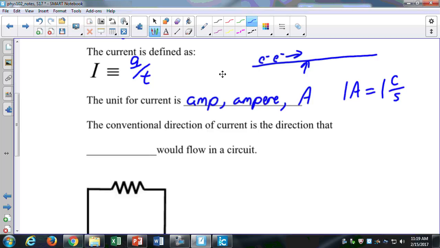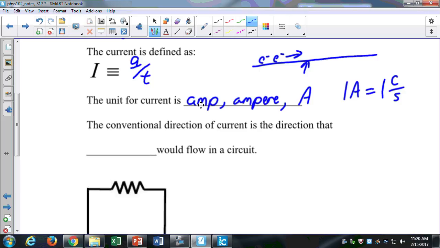So I have so many electrons that make up a coulomb every second, and that would give us an amp. In fact, if you're curious how we define the coulomb, the charge of the coulomb, we define it based on the amp, giving us a current of 1 amp. I think we talk about that in the lab later. I'm not going to get into it now.